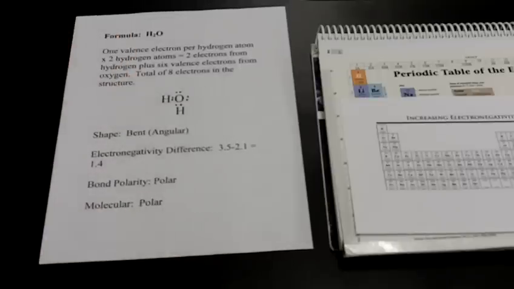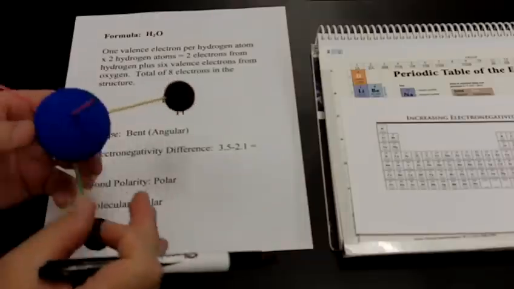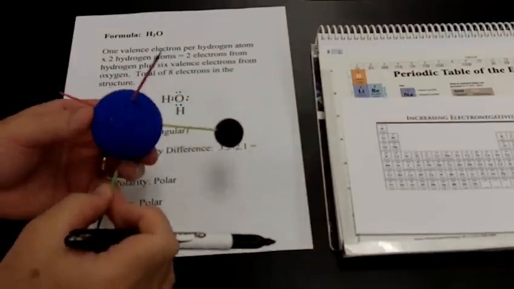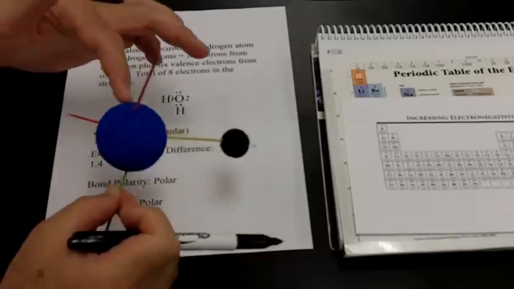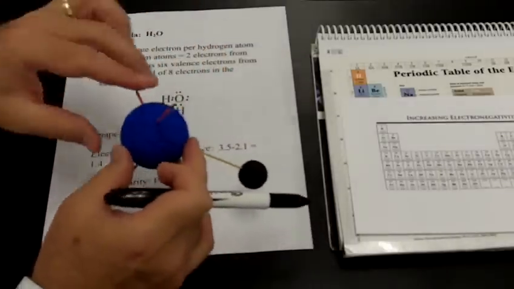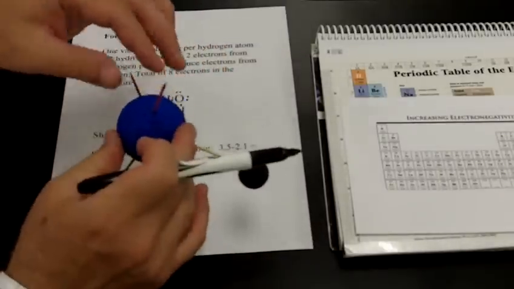Now let's translate that electron dot structure to a molecule. So let's take a look at this right here as the structure for water. It's, again, interesting because I'll position oxygen in the middle. We'll say this is the oxygen, and these are the 2 hydrogens. Now, what's happening up here?